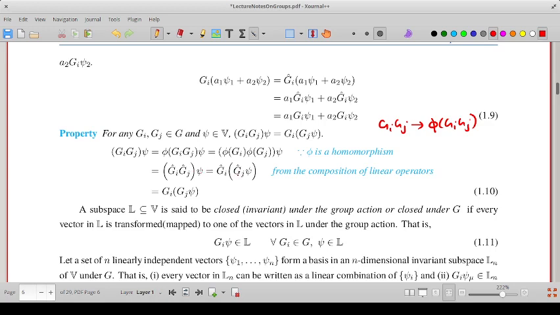Now, from the composition rule for linear operators, this is equal to gi hat acting on the vector obtained by the action of gj hat on psi. But gj hat on psi is simply the action of gj on psi, and gi hat is simply the action of gi on this resulting vector. So we have gi gj psi equal to gi acting on gj psi.